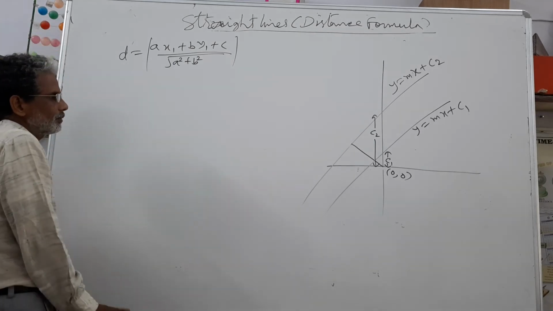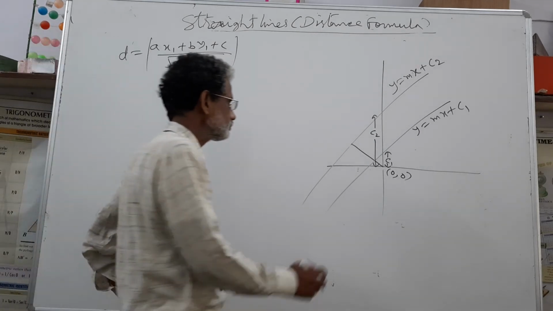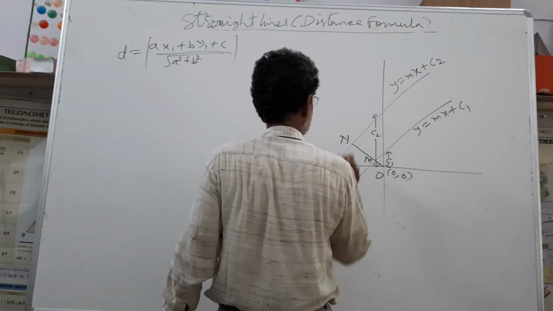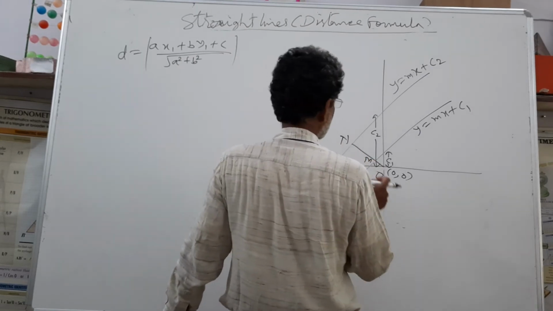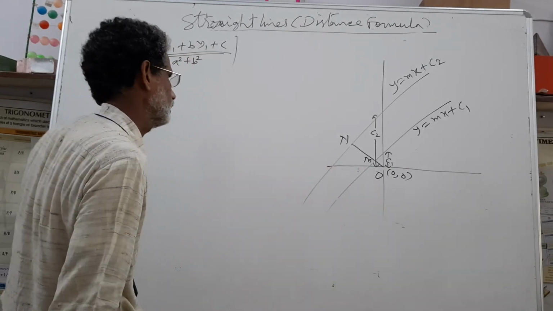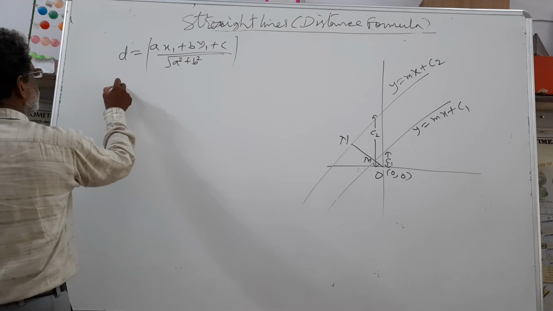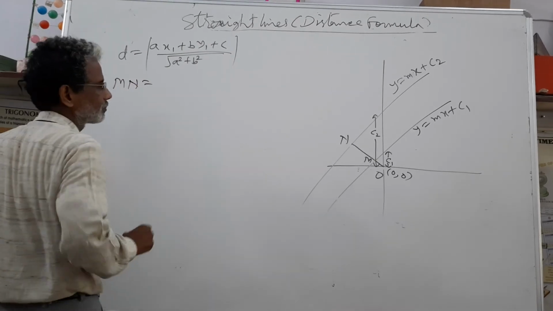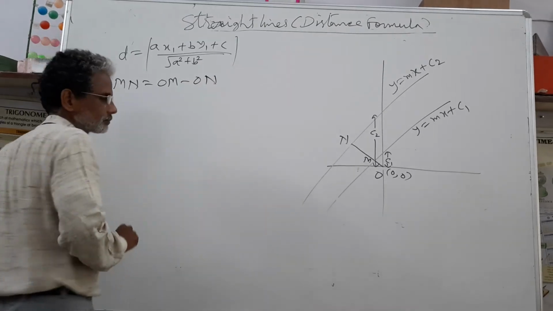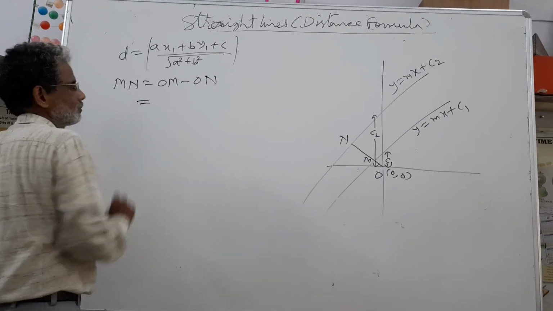So therefore, this is O, this is M, this is N. OM is perpendicular to the first line, ON is perpendicular to the second line. MN is equal to ON minus OM.